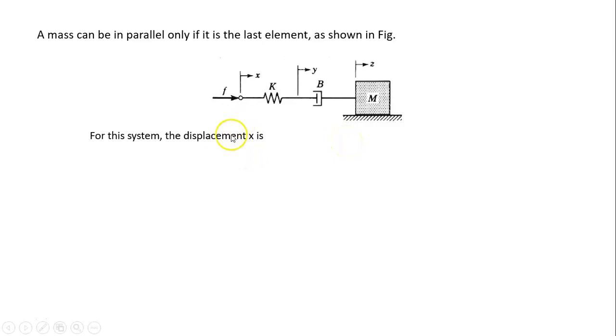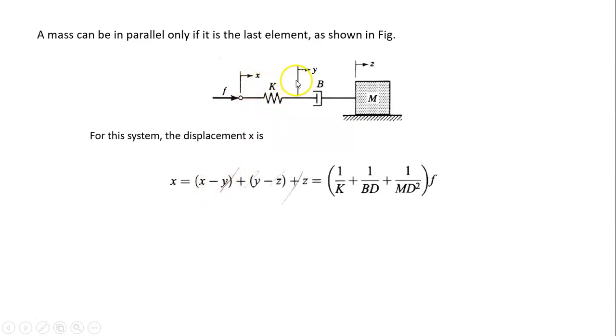Therefore, for this system, the displacement x is equal to x minus y, the displacement of spring, plus y minus z, the displacement of damper, plus z, the displacement of the mass m, which is equal to 1/k plus 1/bD plus 1/mD² into F. Therefore, this equation you can write in terms of F: F is equal to 1 divided by (1/k plus 1/bD plus 1/mD²) into x.